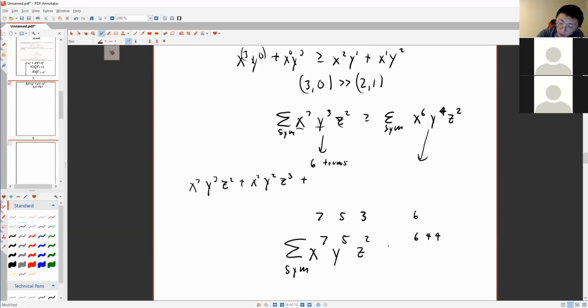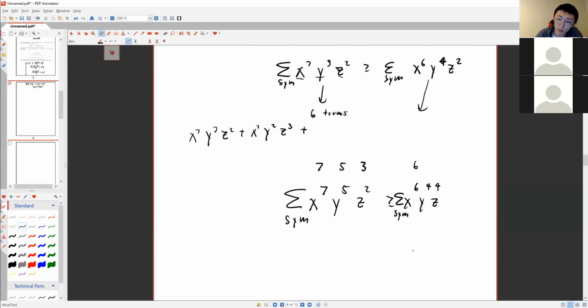So maybe we should try an explicit example with weighted AM-GM, something like this. So we need to somehow weight these in the correct way. And this may not be super easy. Let's see.